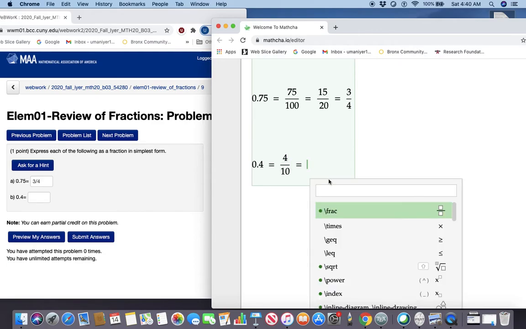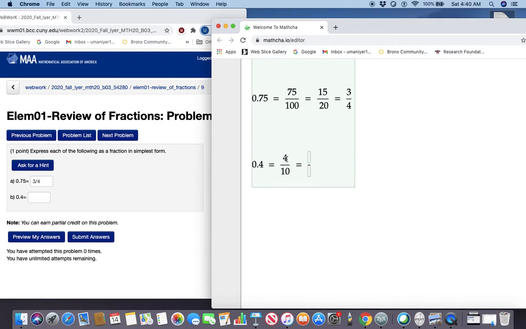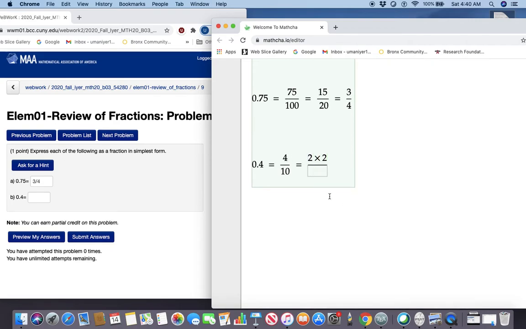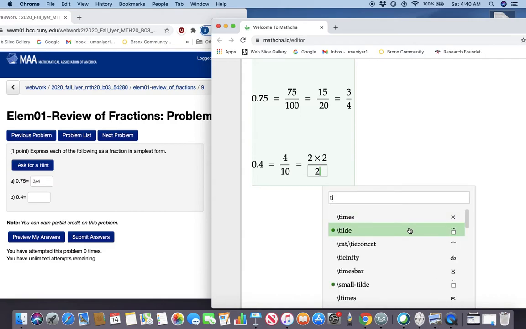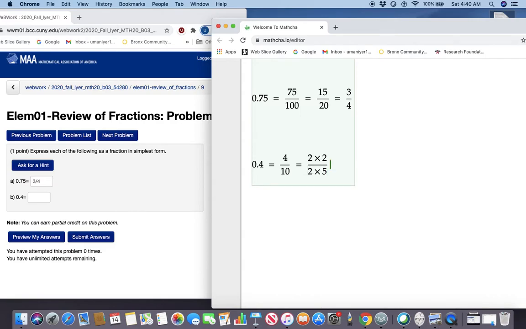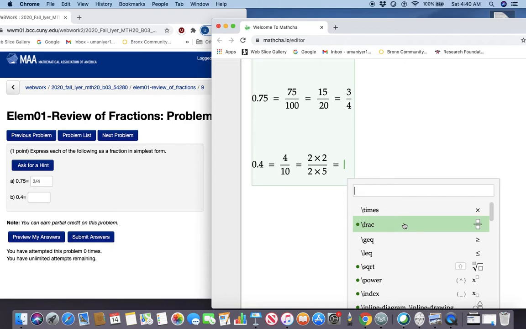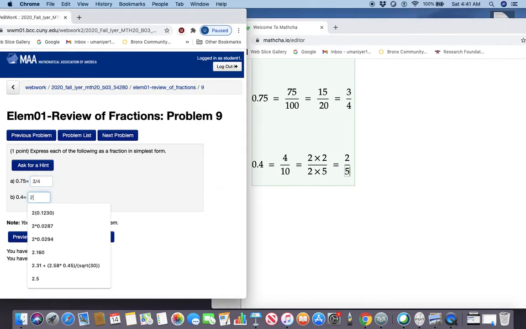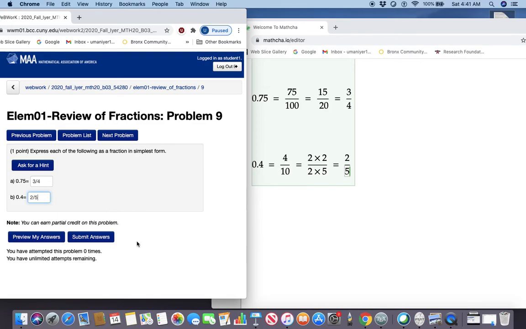Now at this point you can start factoring. 4 is 2 times 2, whereas 10 is 2 times 5. Okay. So at this point notice 2 reduces the 2 and I have 2 over 5.